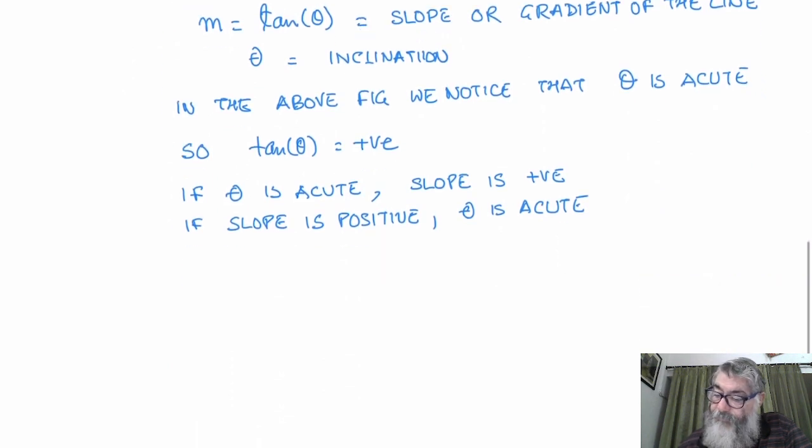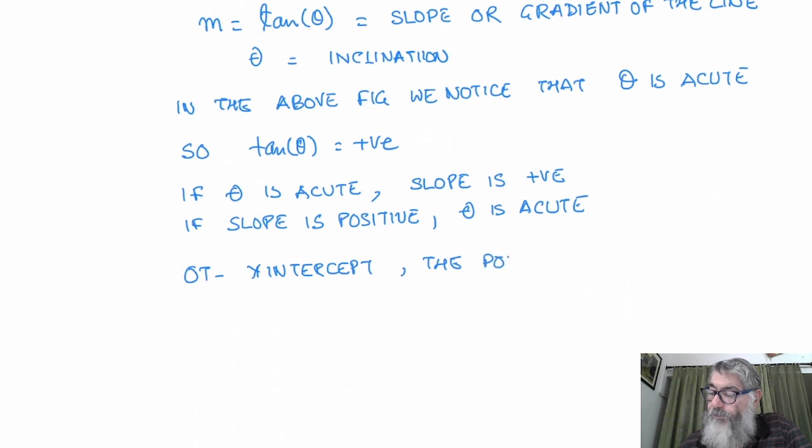OT is called the y-intercept, the portion of the y-axis cut by the straight line AB.